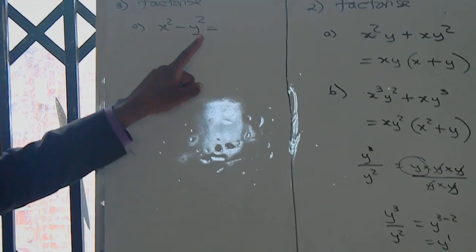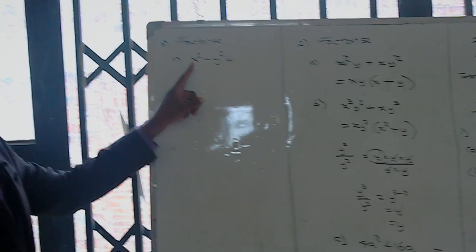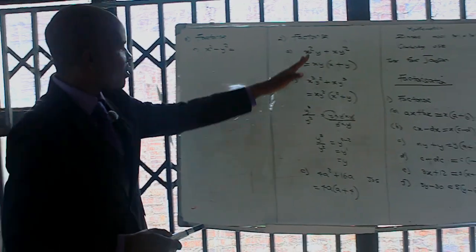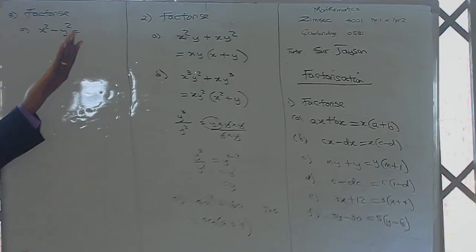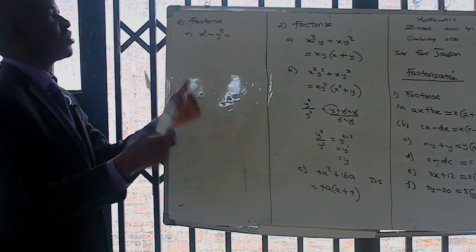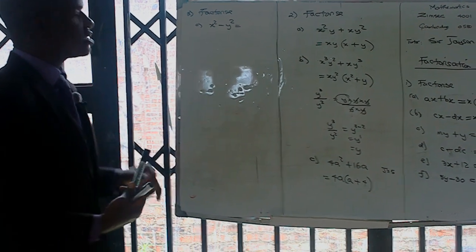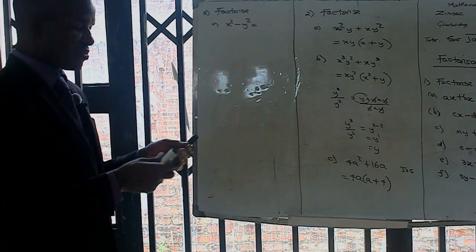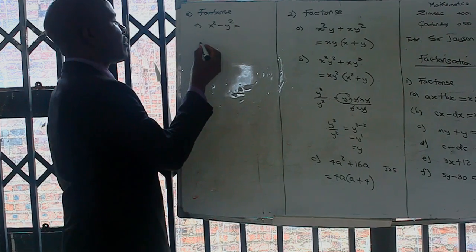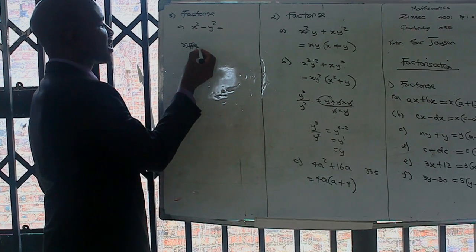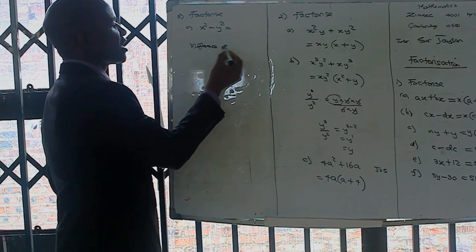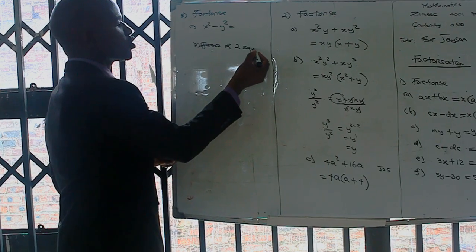Y, we have y here, but we don't have y there. So it means, unlike the previous examples, where there was a common letter that could be factored out, in our case, we do not have a letter which can be factored out. So this is a special case where we use a method called difference of two squares.